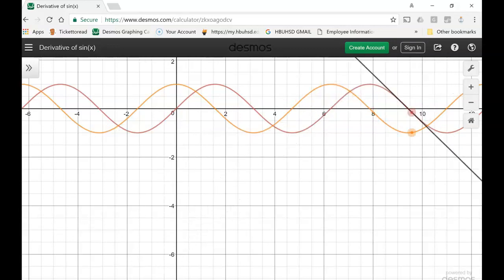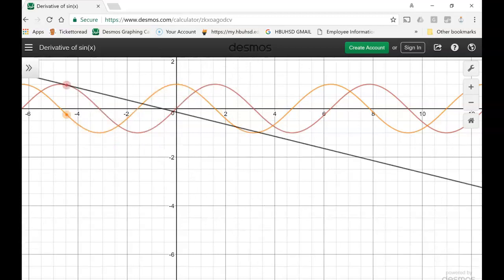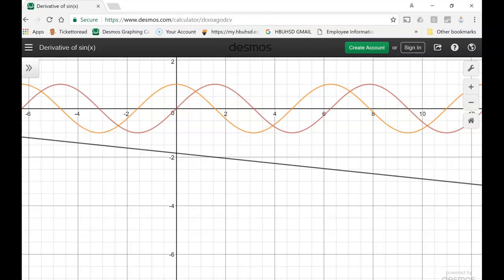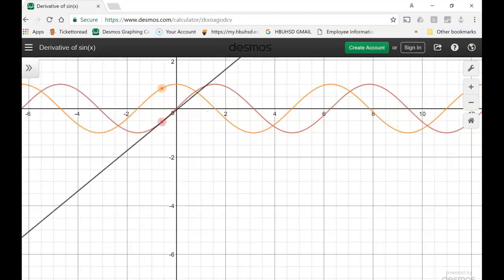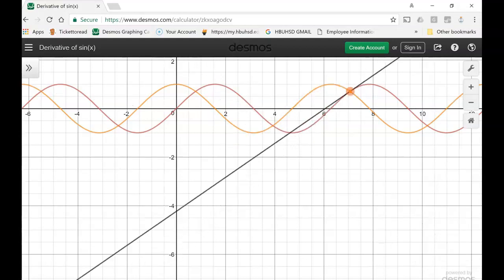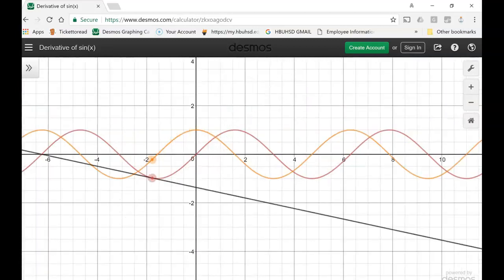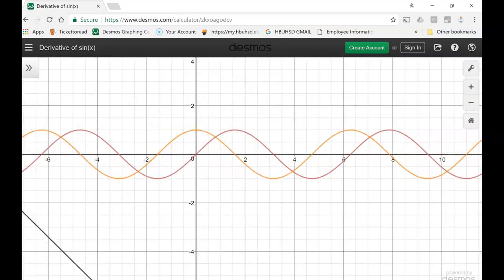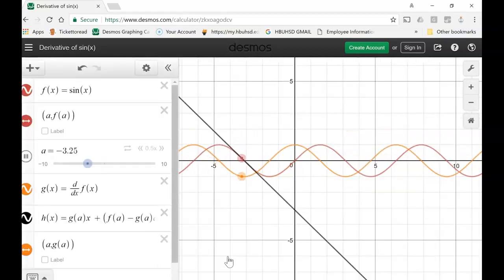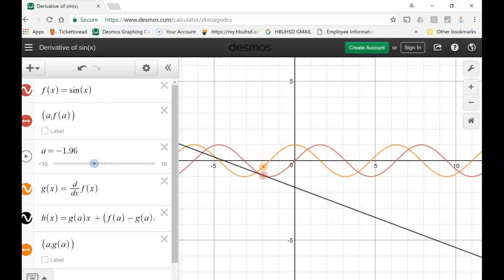So the tangent of sine gives us values that can be used to plot your cosine. That's exactly what's happening. So the derivative of sine is cosine. That's what this animation is supposed to show: the tangent at every single point on the sine curve gives us the perfect point to plot out cosine.